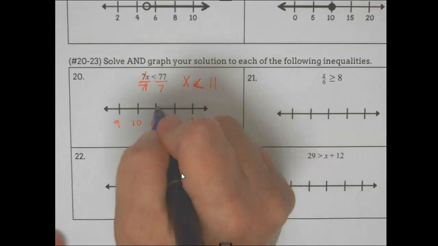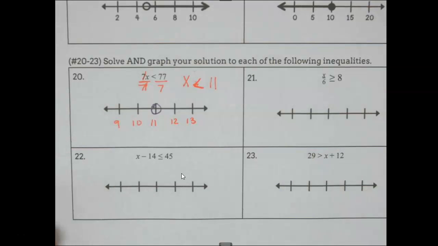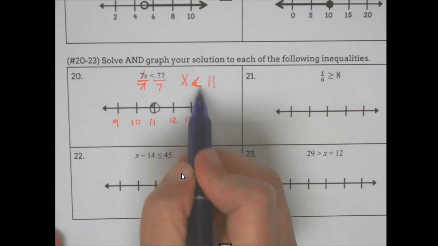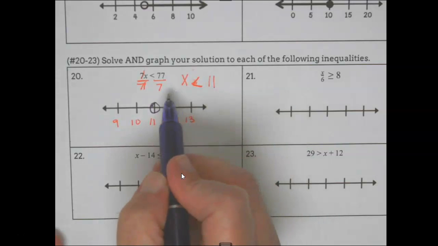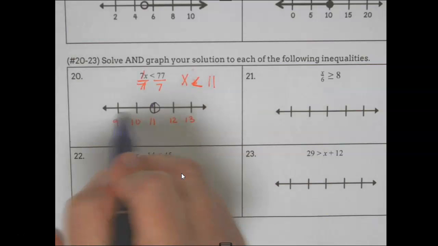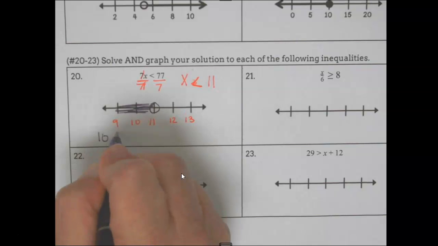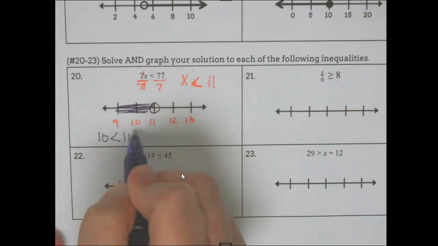I'm going to use an open circle, and the bigger side is pointing to the 11, so I know all my numbers have to be smaller than 11. And you can check. Is 10 less than 11? Yeah.